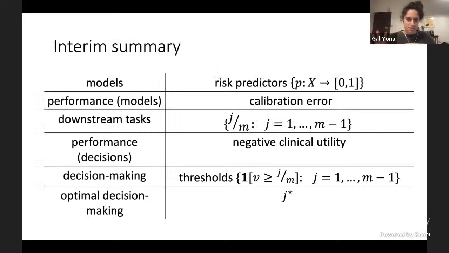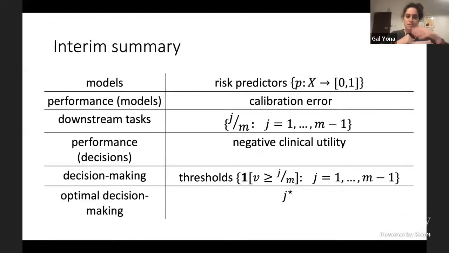Okay, so let's wrap up this notation. I promise I don't have any additional definitions of this type. In the beginning of the talk, I made the distinction between models and decision making. Here, as I've mentioned, models are just predictions of risk.